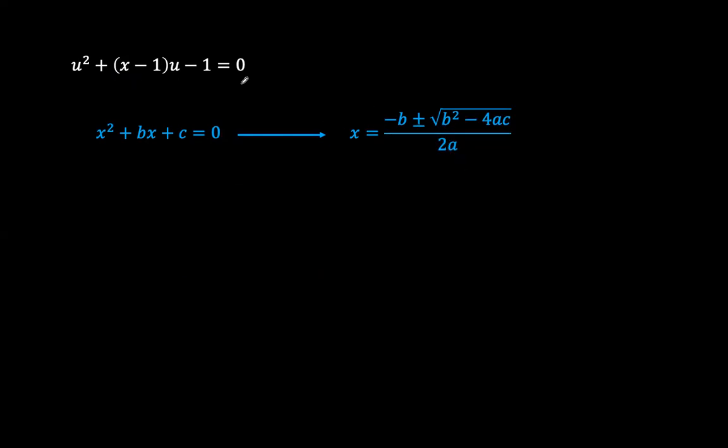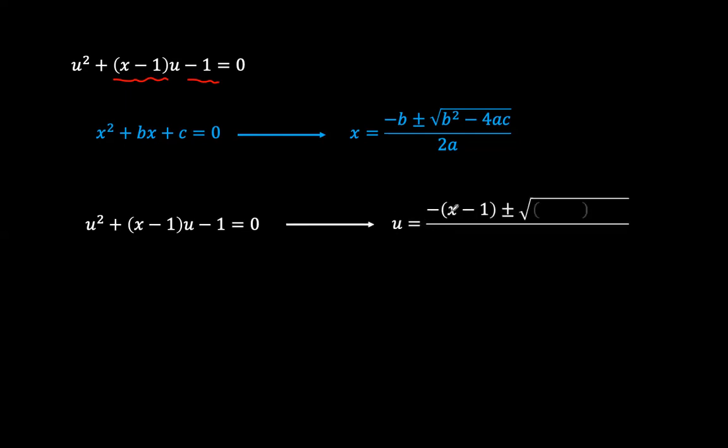Now for u, b is x minus 1 and c is negative 1, so u is negative b, therefore minus (x minus 1), plus or minus the square root of (x minus 1) squared minus 4ac, that means 4 times positive 1, which is a, times negative 1, which is c, therefore we get plus 4 here, all over 2 times 1, since a is 1.